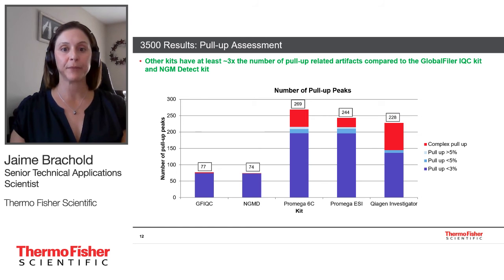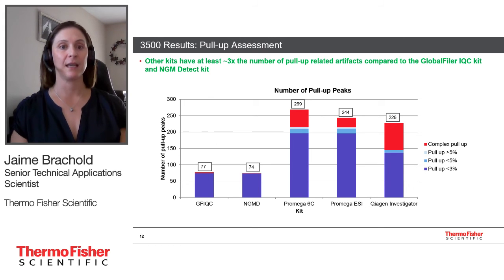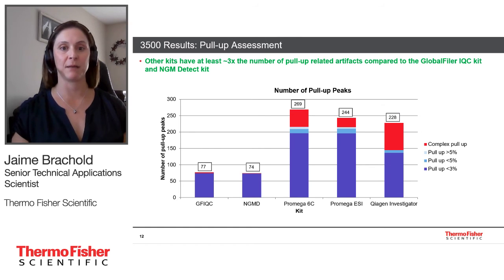The lightest blue is pull-up that was above 5%. The next shade of blue, pull-up below 5%, and the purple, pull-up that was below 3%. So what you can see overall is that the non-Applied Biosystems kits have at least 3 times the number of pull-up related artifacts compared to Global Filer IQC and NGM Detect.